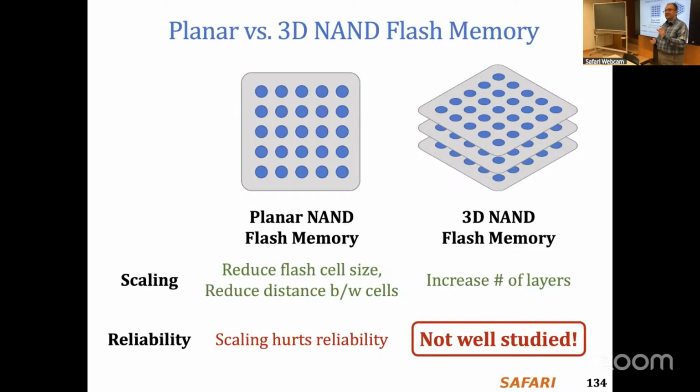So they made the flash cell smaller and smaller, and you can guess it. When you make it smaller and smaller, like DRAM also, you have much more reliability issues. They reached the point that they were struggling to provide better capacity, but not at the price of even worse reliability, essentially.